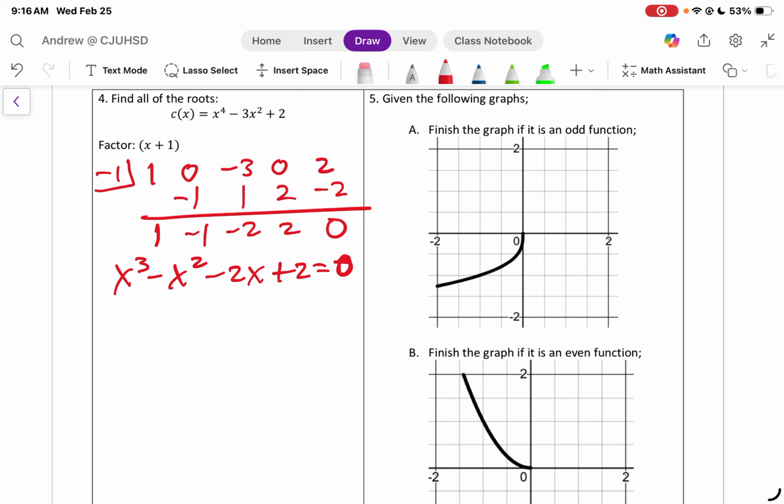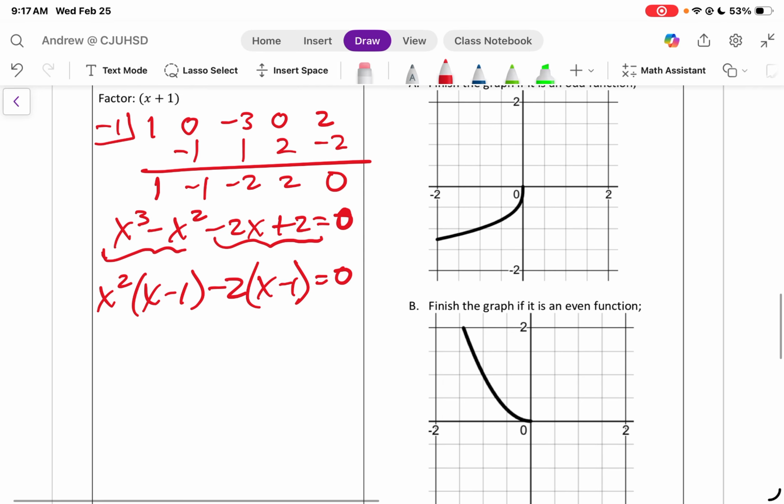Okay, now what I think I'm going to do is factor by grouping. Take them 2 at a time. Greatest common factor, x squared, leaving behind x minus 1. Next to greatest common factor, negative 2. And that leaves behind x minus 1 and equals 0.